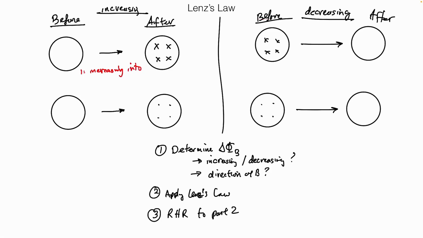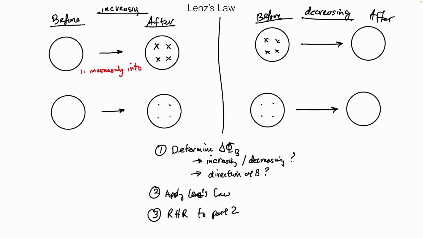In other words, a loop cannot generate anti-field. I said that before. The loop can only make magnetic field of its own. But it will make magnetic field in a direction to fight the change. So how do you fight increasing into if the only word that you can start with is increase? Increase out, right? That's the fight.